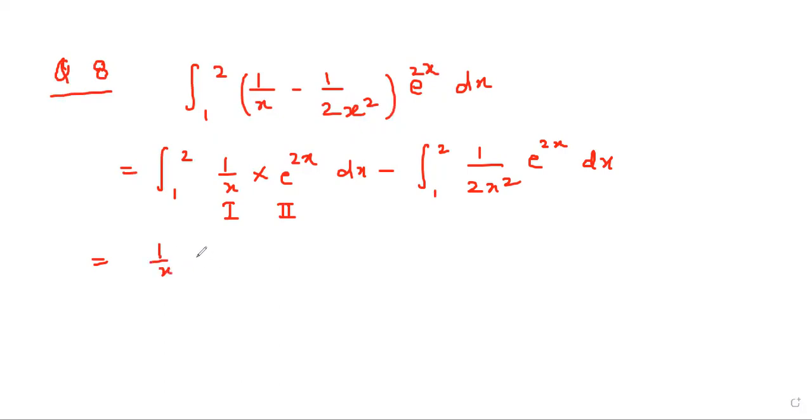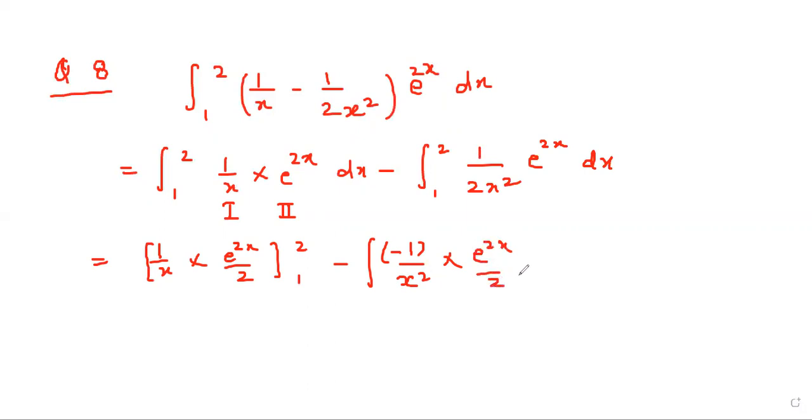So 1 upon x times integration of e power 2x will give e power 2x divided by 2, limits 1 to 2, minus integration d upon dx of 1 upon x, that would be minus 1 upon x square, times integration of e power 2x which will give e power 2x upon 2 dx, minus this term, same limit 1 to 2, e power 2x dx divided by 2x square.